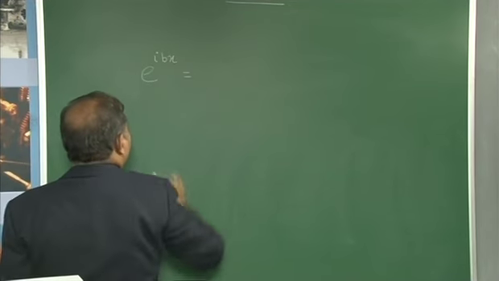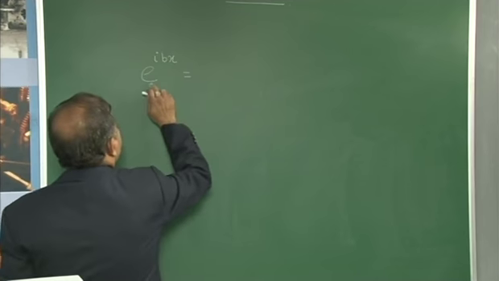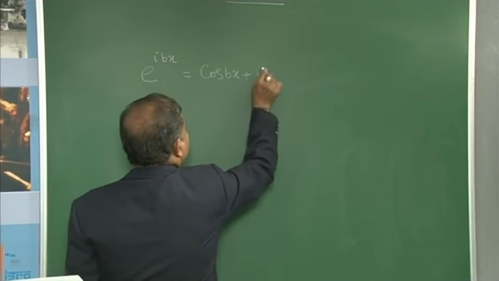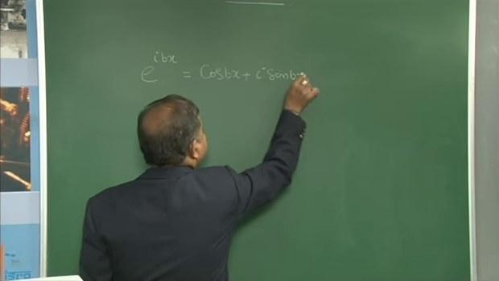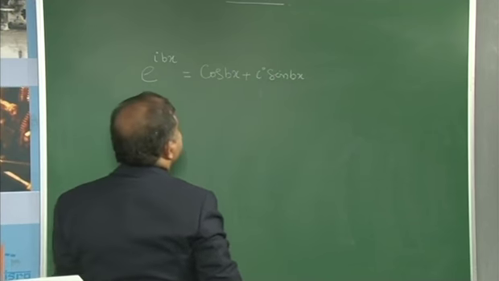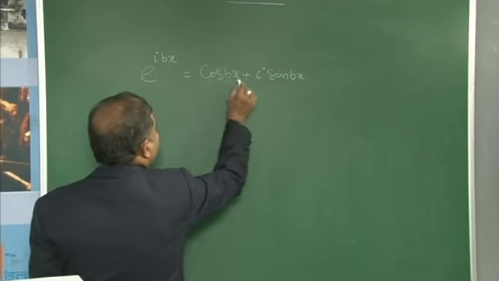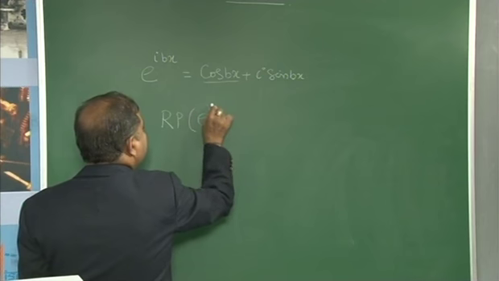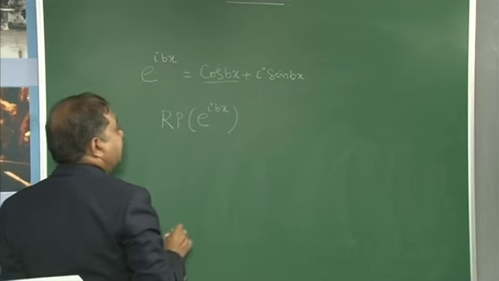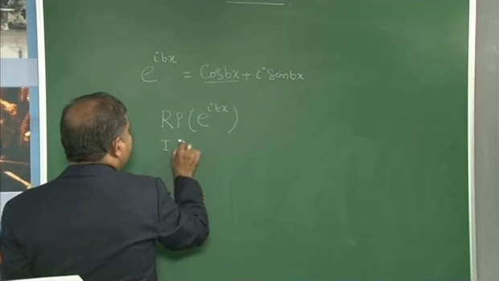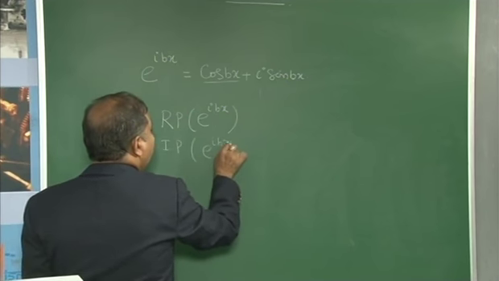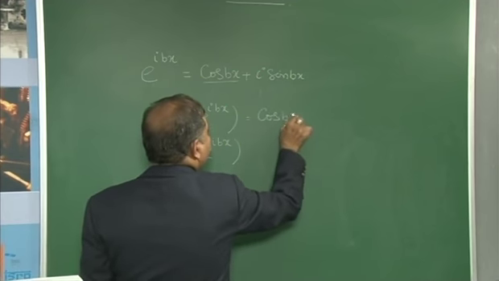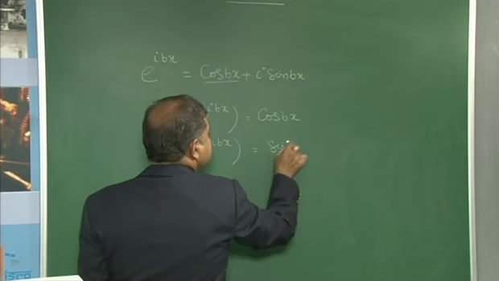You know the formula for e power i theta; in the same way e power i bx becomes cos bx plus i sin bx. So if I want only cos bx, I should write the real part of e power i bx. If I take the imaginary part, it will become only sine. So cos bx is this, and sin bx is this.